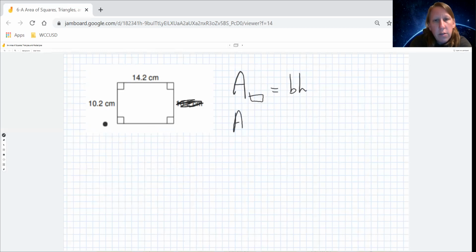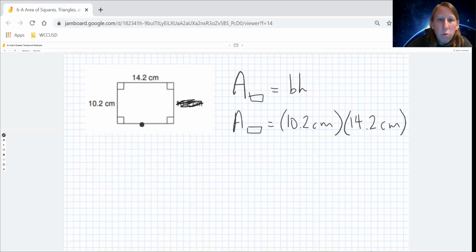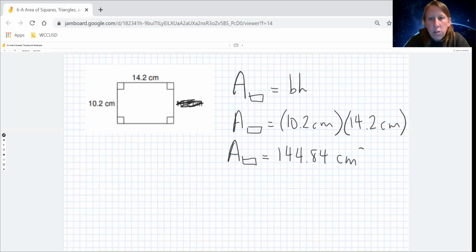The area of this rectangle is 10.2 centimeters times 14.2 centimeters. And I just randomly switched them. Maybe it would make more sense to put 14.2 as the base, but I didn't. And then I have a handy dandy calculator right here, 10.2 times 14.2, 144.84 centimeters times centimeters is centimeters squared.